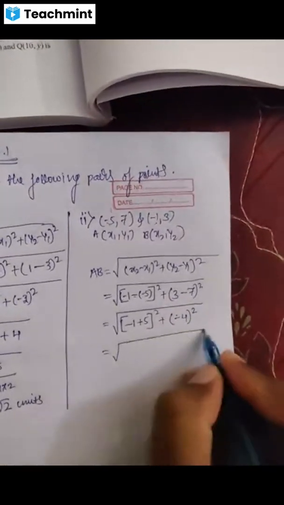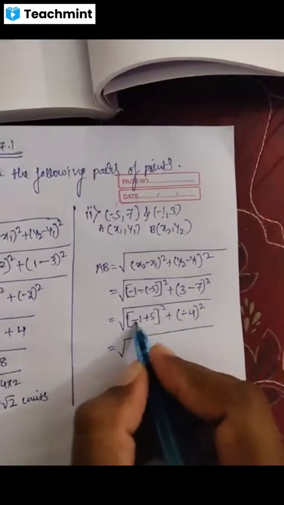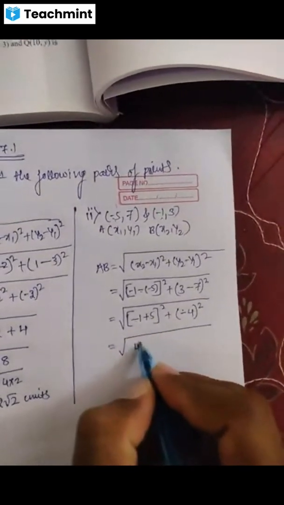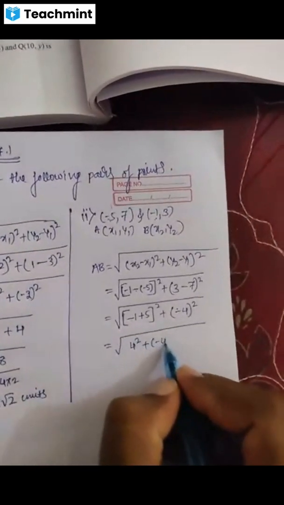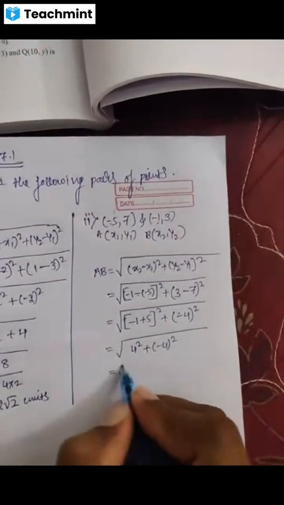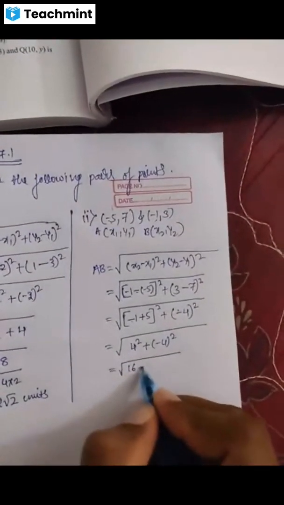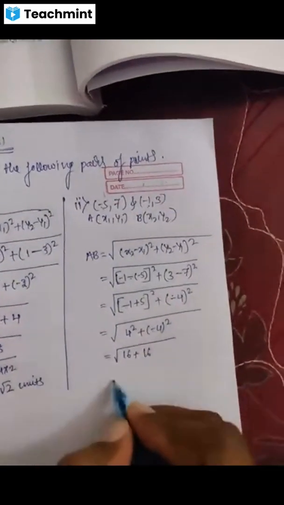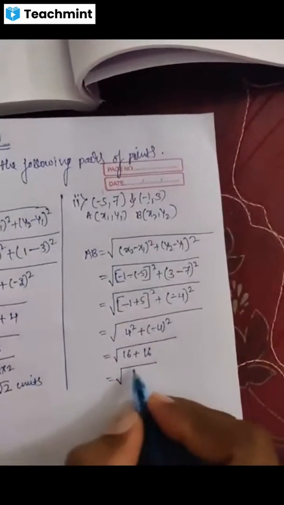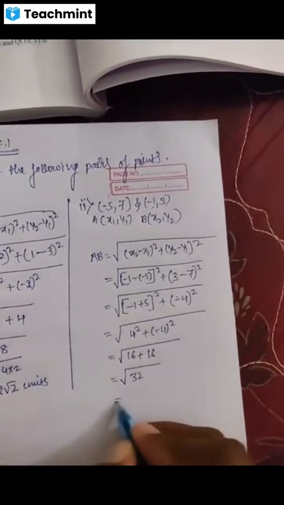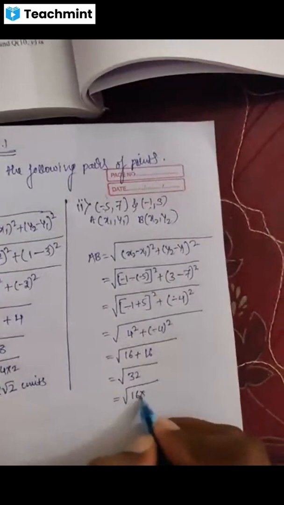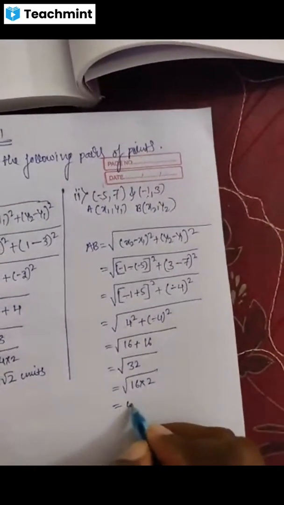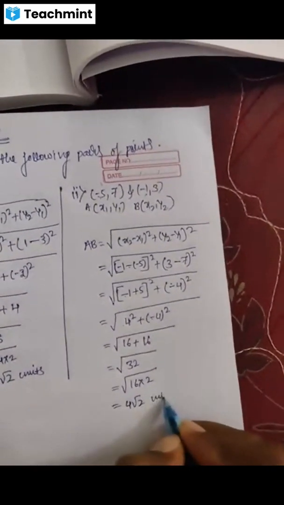That is the square root of (minus 1 plus 5 is plus 4) square plus (minus 4) square, that is 16 plus 16, which becomes 32, also written as 16 into 2. So 4 root 2 units.